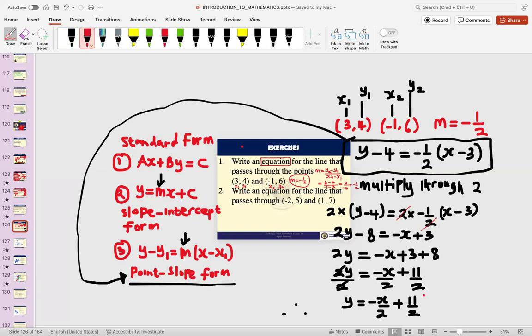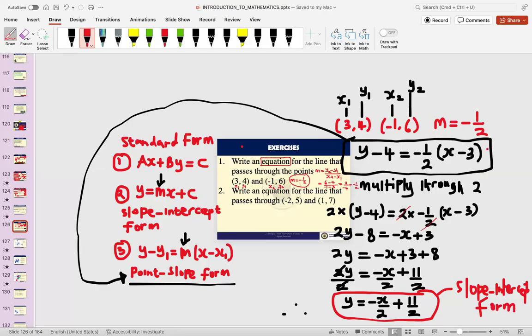So it means that the same equation, we have changed it to the slope intercept form. The slope intercept form.